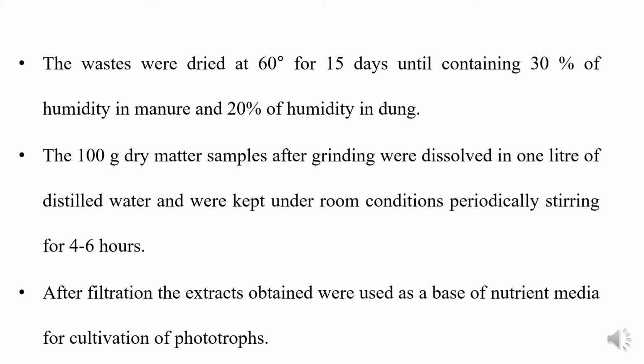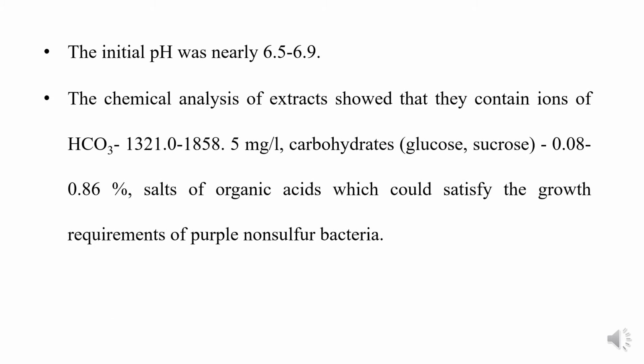The extract was obtained by filtration of the above solution, and that extract we can use as a base of nutrient media for the cultivation of photoautotrophic bacteria. The pH maintained is in the range of 6.5 to 6.9.